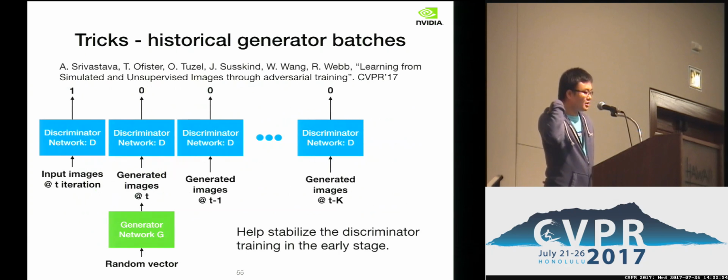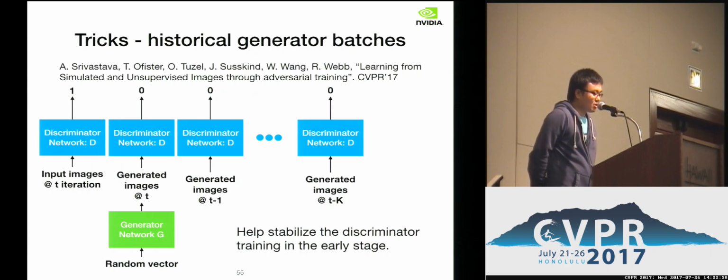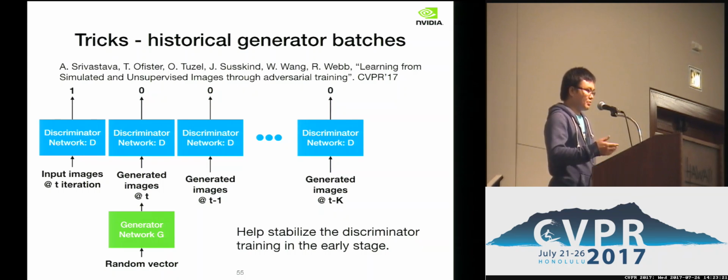Another trick people use is the historical generator batches, which is used in Apple's GAN paper. So what it does is that the discriminator is updated not only based on the current batch generated by the generator in this iteration, it is also updated by the previous batches, from previous iterations.